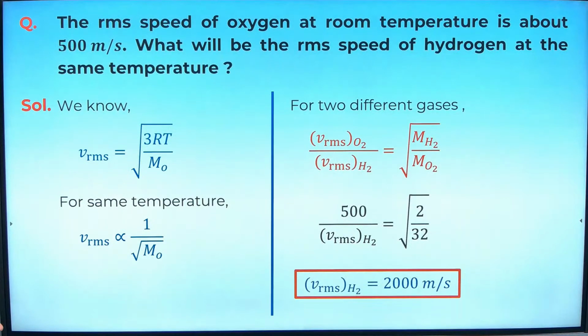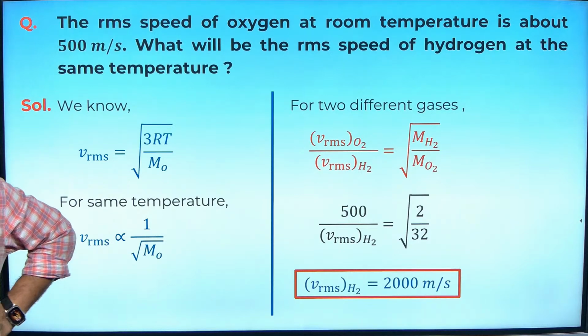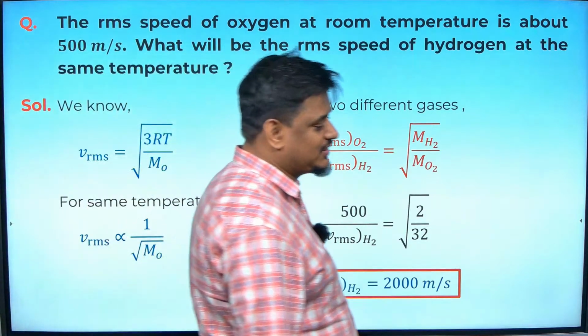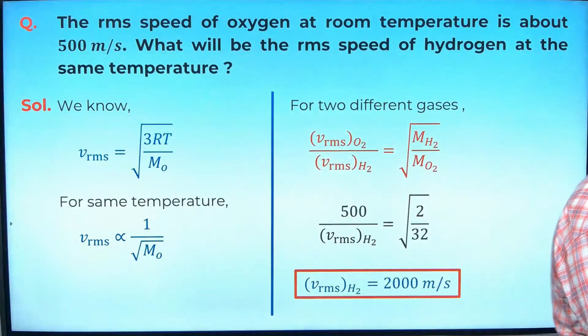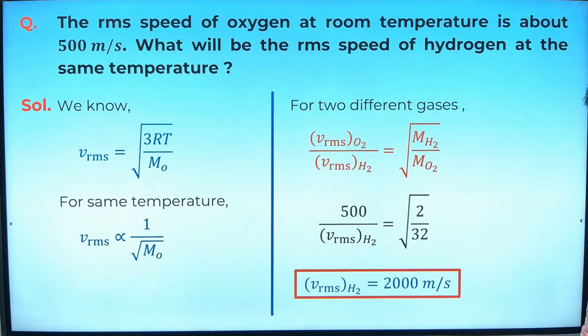Hydrogen and oxygen both are diatomic, so we are taking 2 for hydrogen and 32 for oxygen. Akhilesh, did you use this? No, sir, I put root of 1/16 only. Pratap, did you use this? I used 32. Good then. Oxygen will not be nascent oxygen with only 16. It will be 32. Fine.